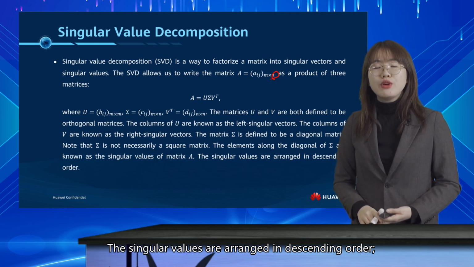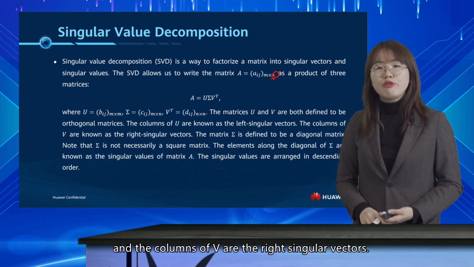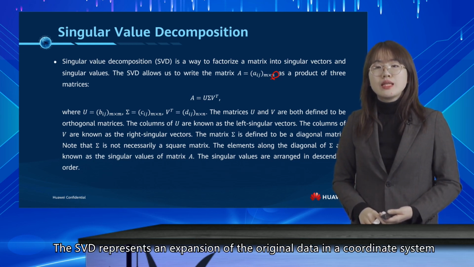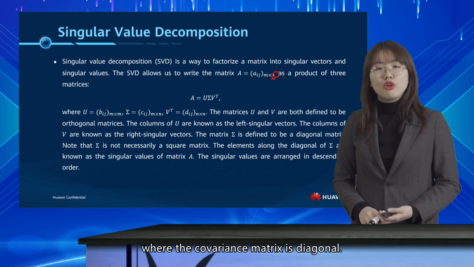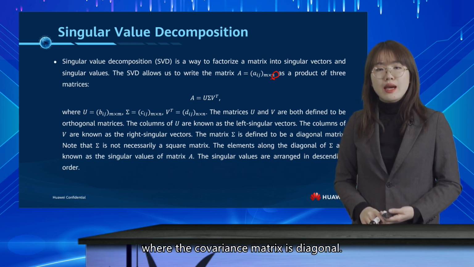The singular values are arranged in descending order, and the columns of V are the right singular vectors. The SVD represents an expansion of the original data in a coordinate system where the covariance matrix is diagonal.